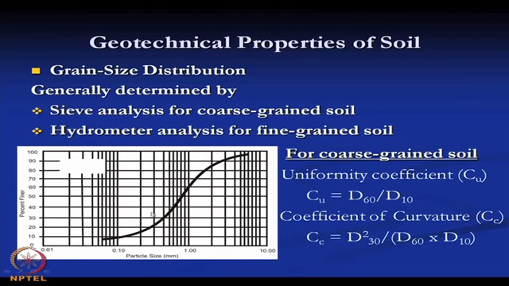From this curve we can determine the particle size for 60% fineness and for 10% fineness. If we know these two values, then we will get the uniformity coefficient of the soil.